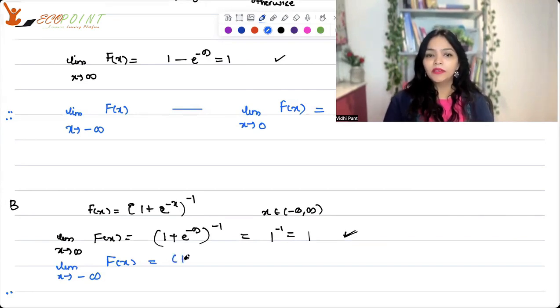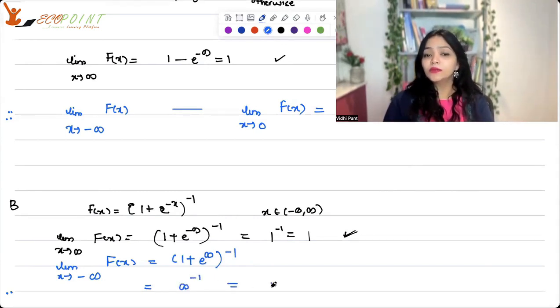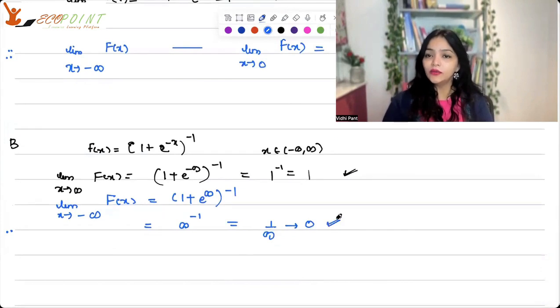So अगर मैं यहाँ पर देखूंगी तो ये आ जाएगा (1 plus e to the power minus minus gives me infinity. So e to the power infinity) whole to the power minus 1. e to the power infinity is infinity. Infinity to the power minus 1 is 1 upon infinity. That means it is 0. So the limit turns out to be 0, which means that it's satisfying the property of CDF.